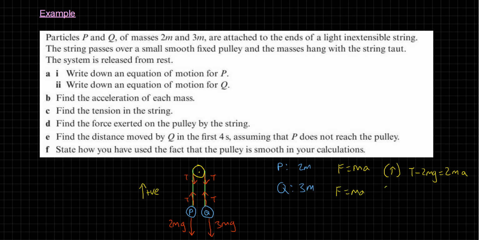Let's resolve upwards again. Resolve vertically. Up is positive, so now let's be careful here. We've got T minus 3mg equals 3ma. I said be careful, we didn't need to be particularly careful. It's fairly self-explanatory at this stage.